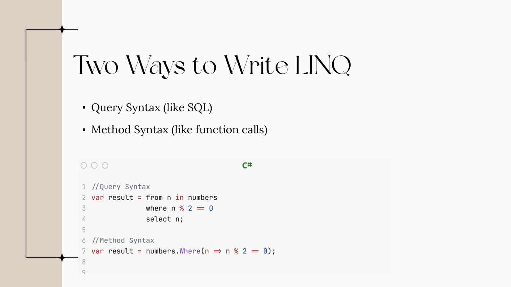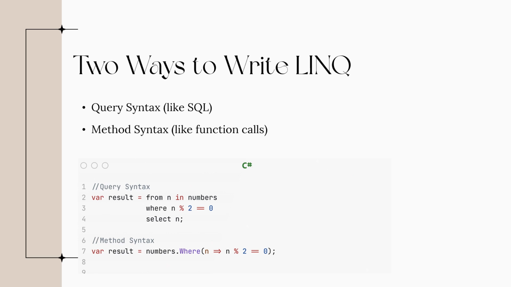This uses function calls and is more flexible, especially for complex queries. And both styles do the same thing, and you can choose the one you're more comfortable with. For example, if we need to find even numbers in a list, we can write the query in either query syntax or method syntax.